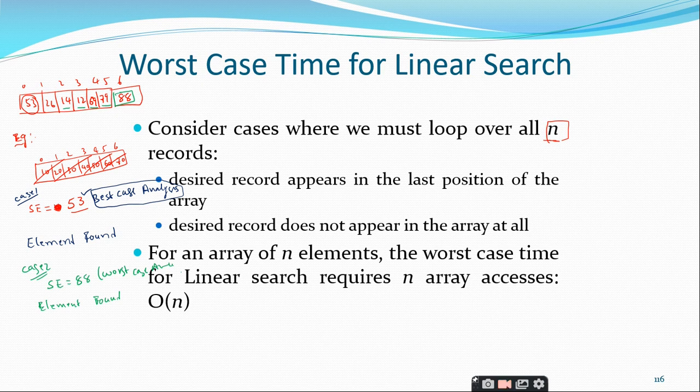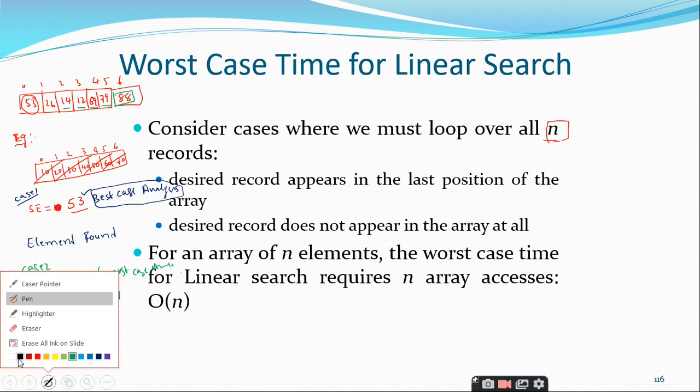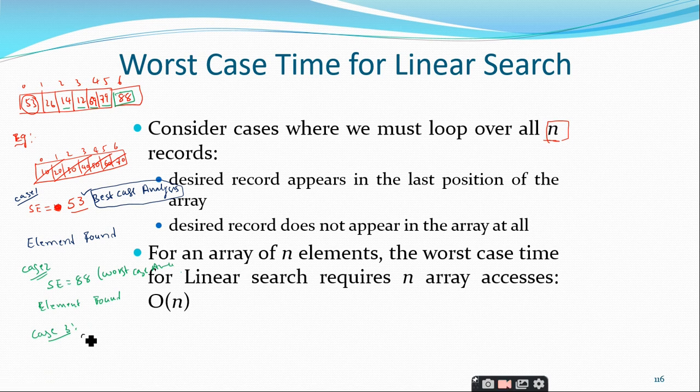Right. And there is another case. Let me take another case, case 3. Now let us take the search element as 93. According to the linear search, compare 93 with the first element, not equal.